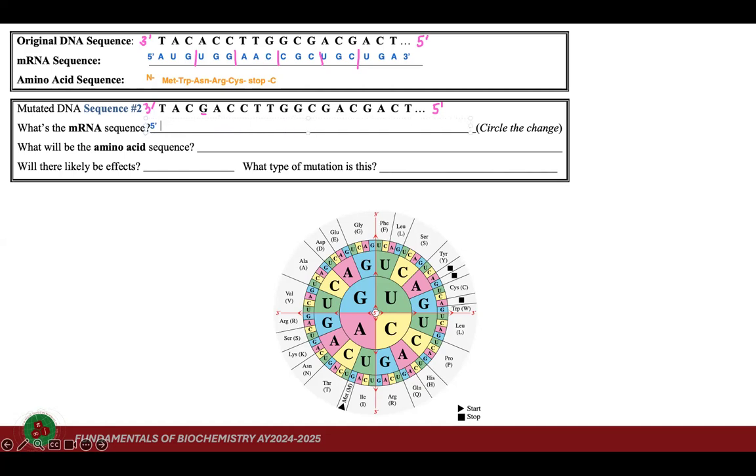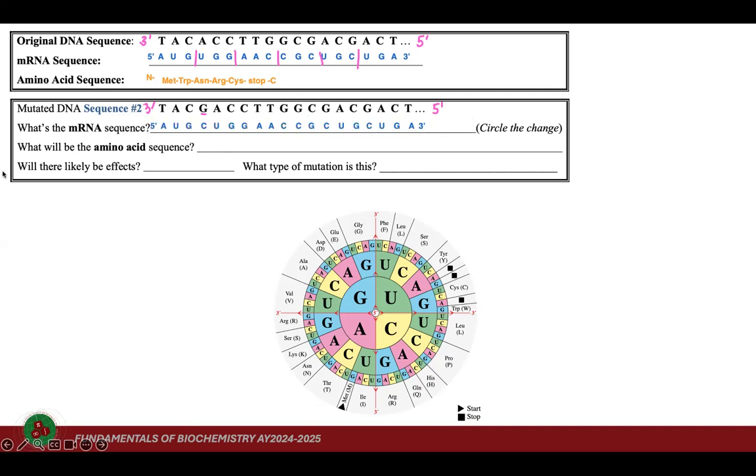Okay, so let's start with T pairing with A, and then A is with U, and of course C is with G. G is C, A is with U, C is with G, and then another G again, two A's, two C's, one G, one C, one U, one G, one C, one U, one G, and one A. That's the 3'.